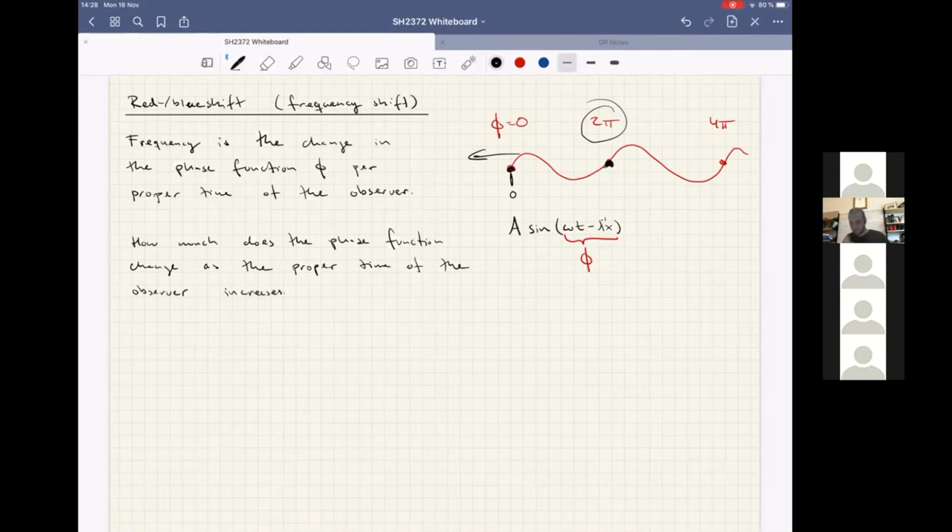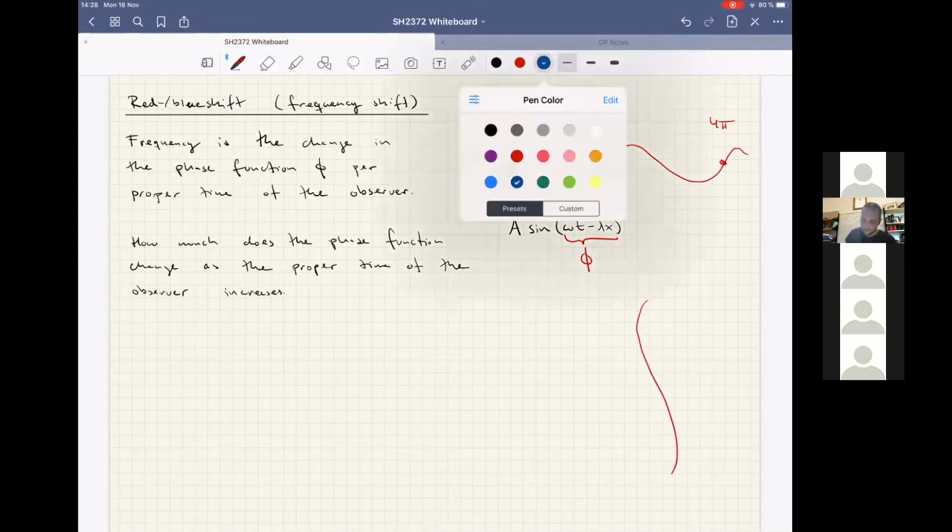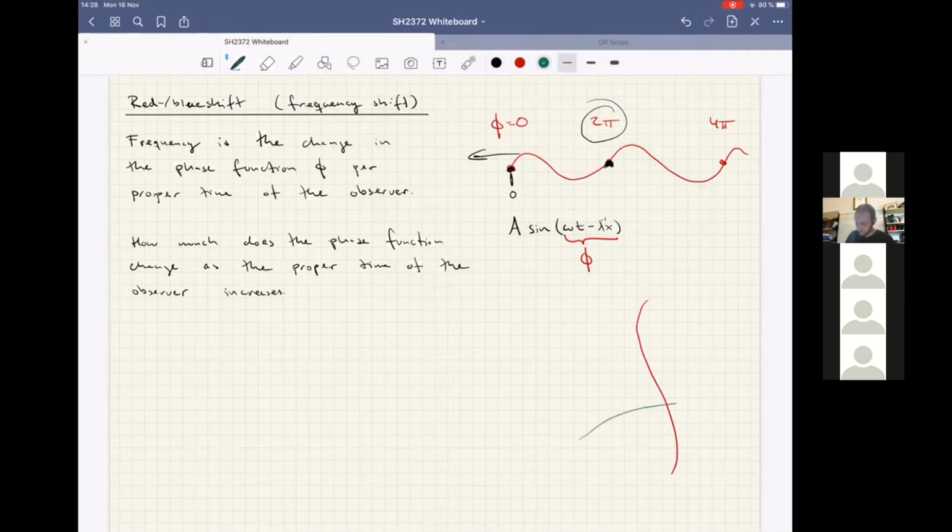So essentially, what I'm asking is that I have this world line and I have this phase function which has these level curves. These are level curves of phi, and this is the world line of the observer, gamma.